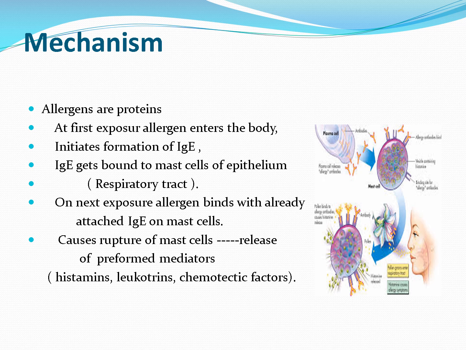On next exposure, the allergen binds with this IgE on the mast cells, so there will be an antigen antibody reaction. There will be rupture of the mast cells and release of preformed mediators. These mediators are histamine, leucotrienes, and chemotactic factors.